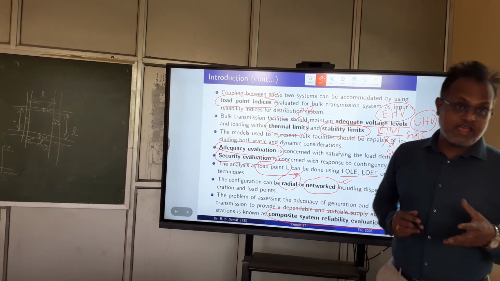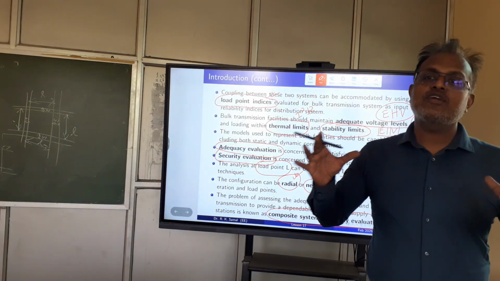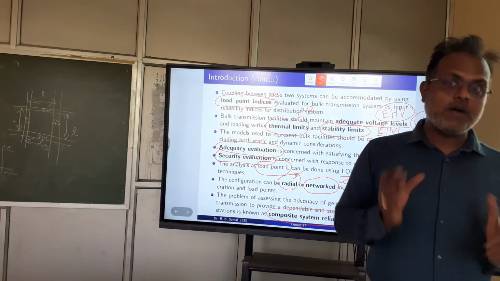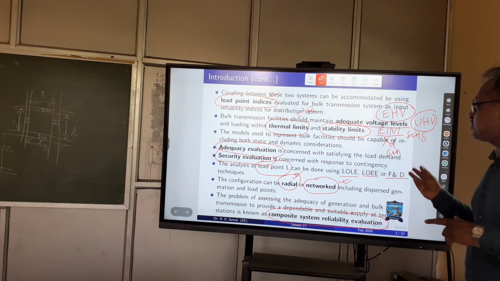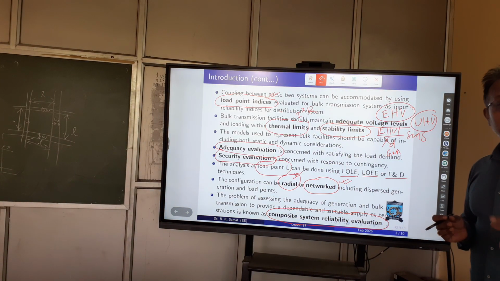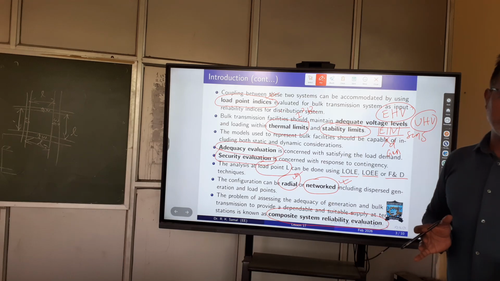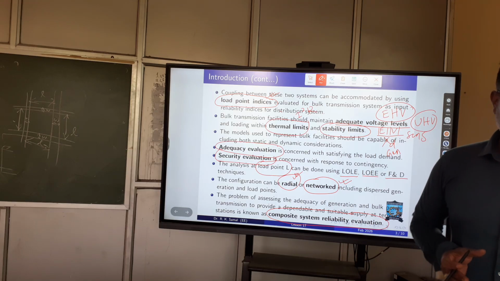So in this case we are not evaluating the transmission system as an isolated system, whereas that will be applicable to distribution systems. Here we are combining generation and transmission. Whenever we talk about transmission system reliability, we actually mean the combination of generation and transmission system, not only the transmission system, because transmission system reliability as such has no meaning, because it is not connected to any load point. It is taking power from the generation.